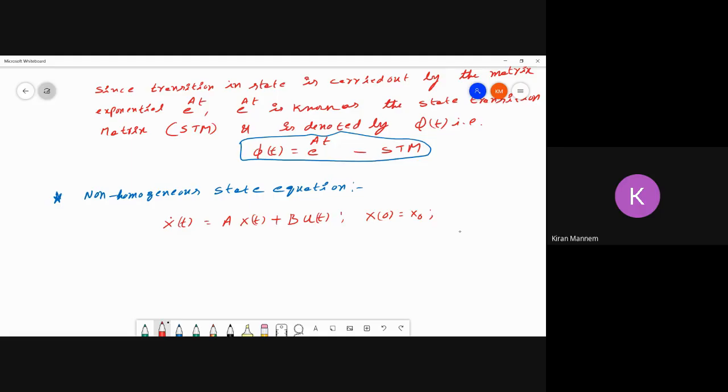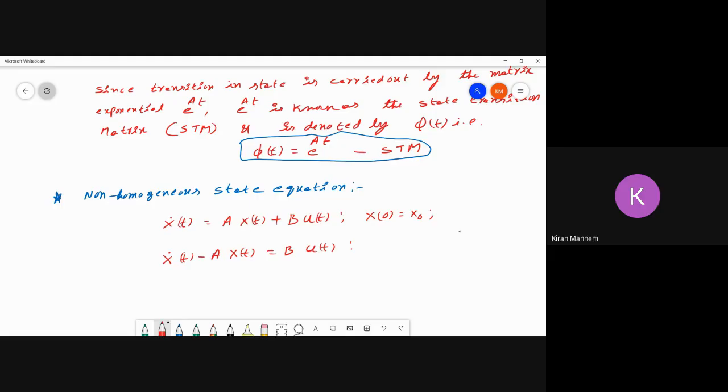Now I can rewrite this equation as x dot of t minus A into x of t is equal to B into u of t.